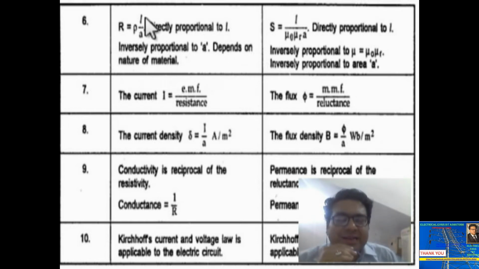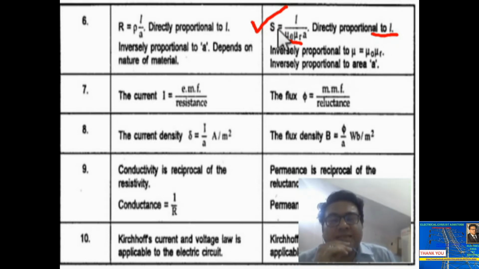So you always write the formula for resistance R equal to rho L upon A in electric circuit, whereas in magnetic circuit the formula for reluctance is L upon mu 0 mu R into A. Here reluctance S is directly proportional to the length of the iron core, in centimeter or meter, and inversely proportional to mu, which is mu 0 into mu R, and also inversely proportional to the cross-sectional area of the iron core. So S equals L upon mu 0 mu R into A.